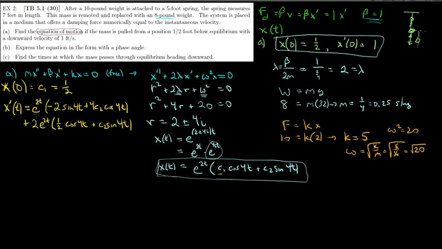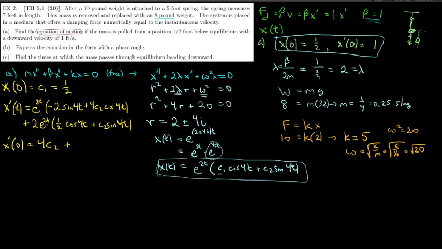I'm tempted to factor out the e to the 2t, but I think in this case we don't really need to. We just need to plug in 0 wherever we see a t. And so e to the 2t is just e to the 0, which is 1. So what do we get? We get negative 2 times 0 plus 4 times c2 times cosine of 0, which is 1.